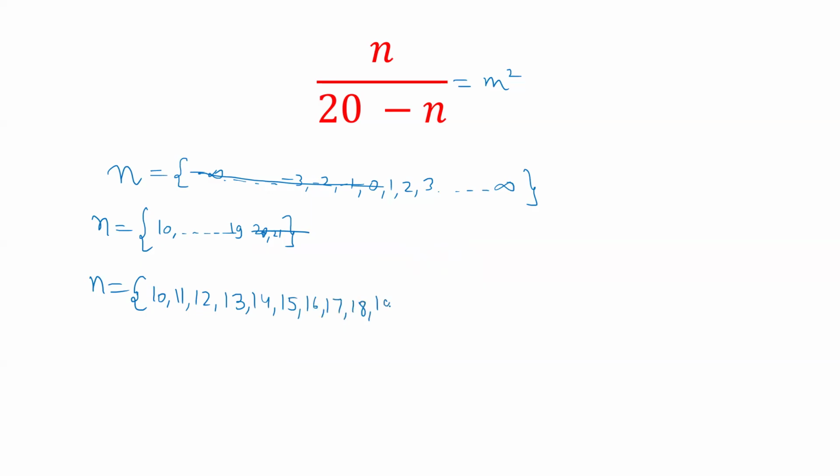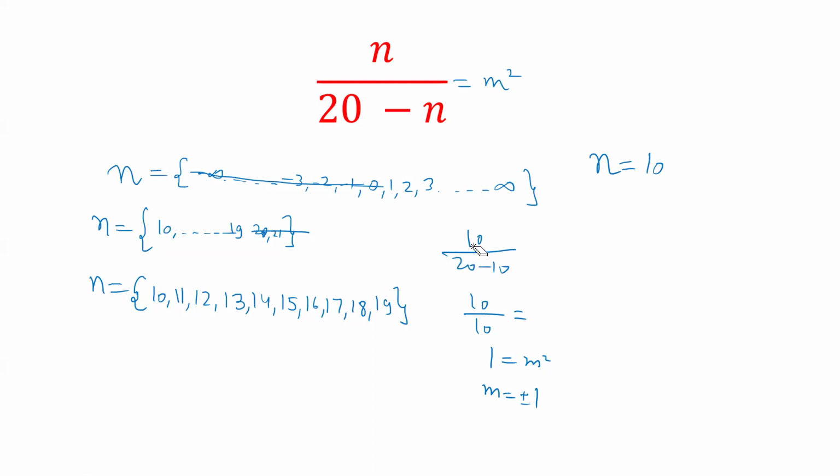Now let's see. If I put 10, 10 upon 20 minus 10 is 10 upon 10, which is 1, and 1 equals m square. It is possible, the value of m can be plus or minus 1, because it is given that it is a square of an integer, and plus 1 and minus 1 are both integers. So yes, n equals 10 is possible.